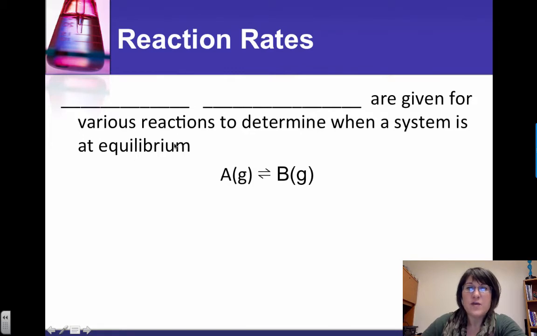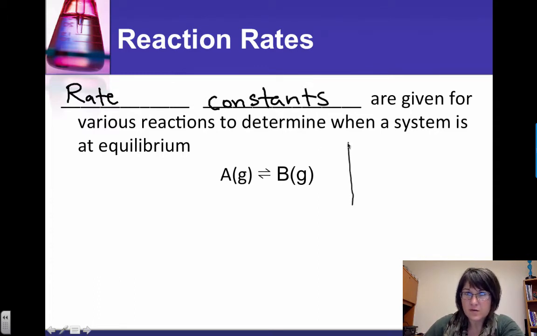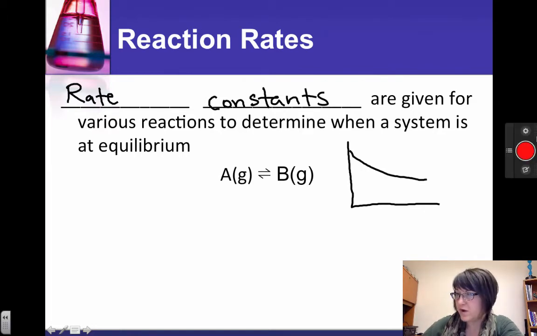So we talk about reaction rates just as we did in kinetics. So the rate constants are given for various reactions to determine when is the system at equilibrium. Remember in our graph, in the simulation we did in class, we had the concentration of reactants going down, and the concentration of products was going up.